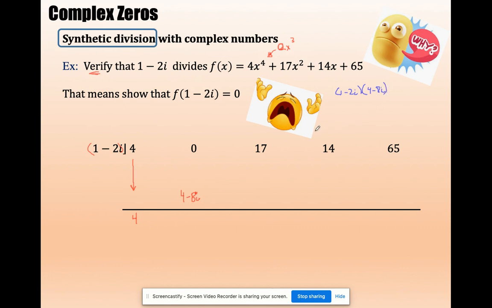You can do that quickly and easily because you took Algebra 1, so you know how to FOIL, and you took Algebra 2 where you did the FOILing with complex numbers. And I did that multiplication. I'm not going to go over it here, but you can do it. And I got negative 12 minus 16i.